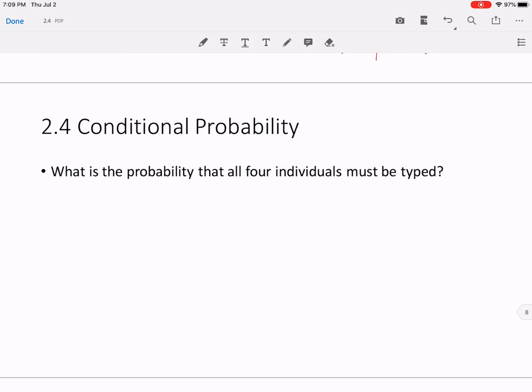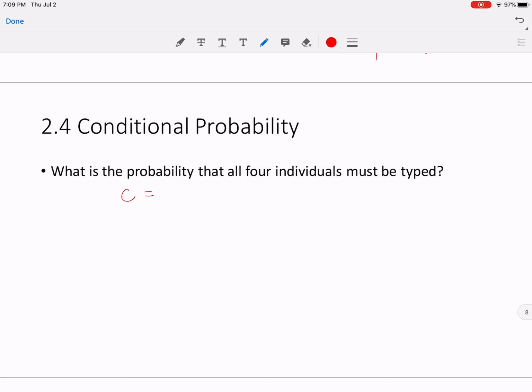Okay? So we're looking for the probability that the first 3 don't have O positive. If we know that the first 3 don't have the O positive, then the fourth one must have the O positive blood type.